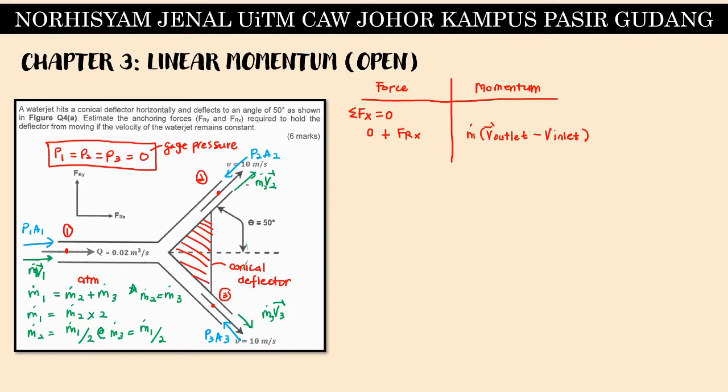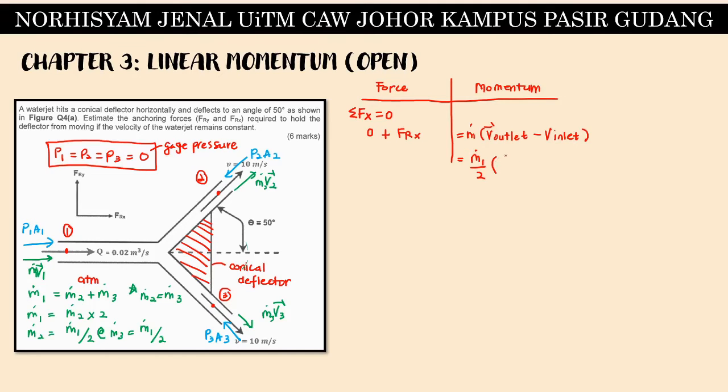So because the mass flow rate at 2 and 3 is the same, we can just do it equals m dot 1 divided by 2, because the definition of m dot 2 is equal to m dot 1 divided by 2.